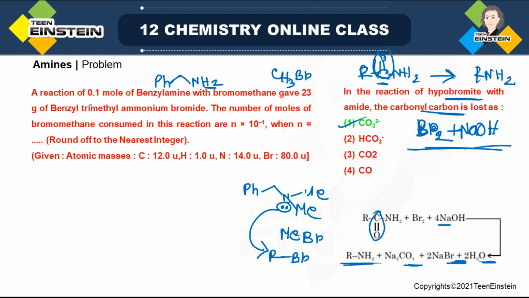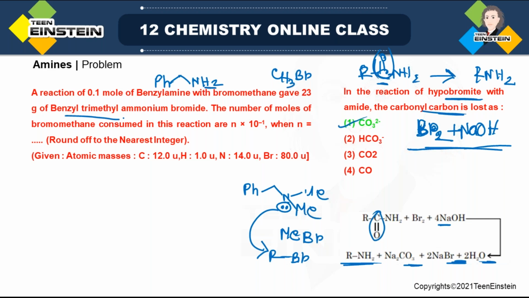That is why the final product, look at the name, benzyl group, trimethyl. That means 3 methyl groups, 1 benzyl group attached to ammonium. This is positively charged. This positive charge is balanced by the bromide ion. So that is why the name benzyl trimethyl ammonium bromide.